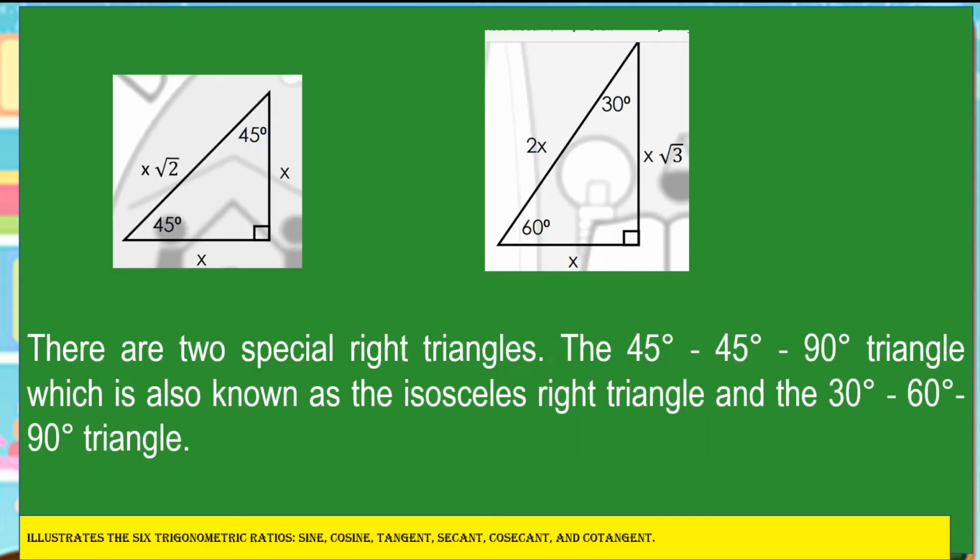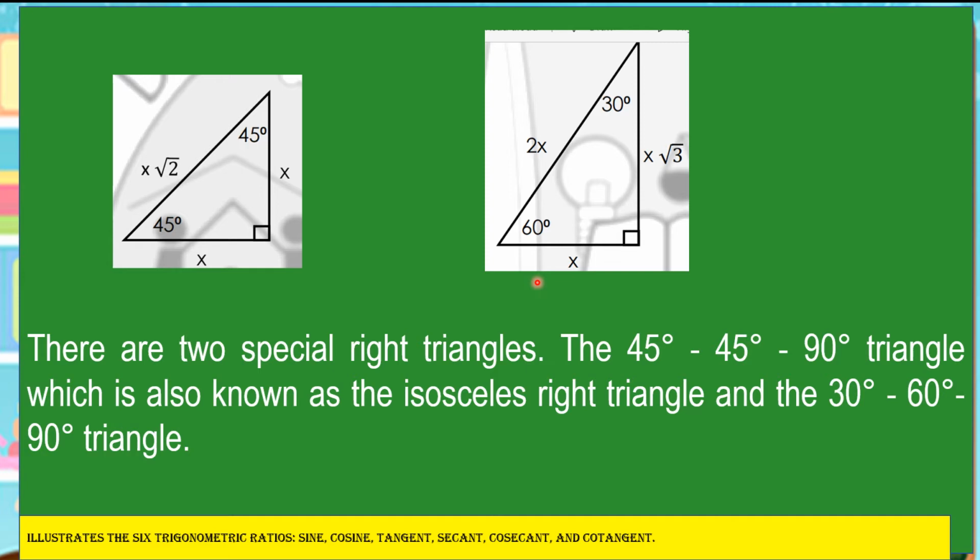Next, we also have the two special right triangles. The first one is the 45-45-90 right triangle, which is also known as the isosceles right triangle. And we have the 30-60-90 triangle.